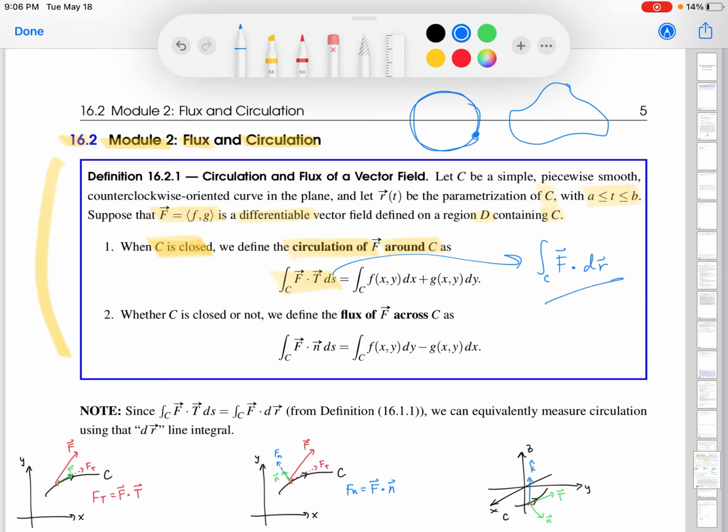And that gave rise to what we called these vector line integrals. Here we're introducing this in a completely different context. We're thinking of this now as the circulation of the vector field. And again, we teased out these notions in the previous Module 1 video.